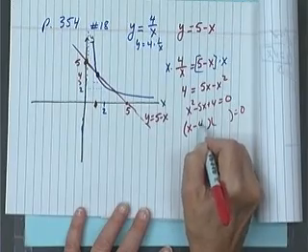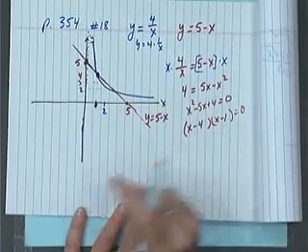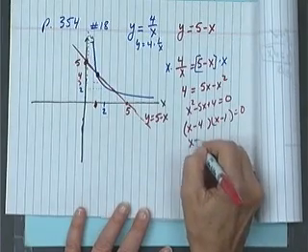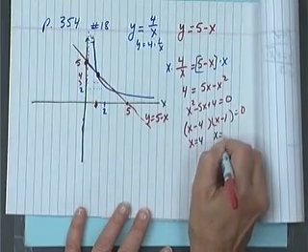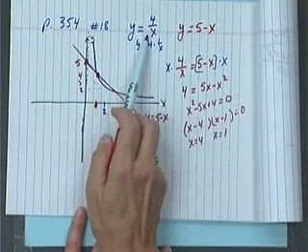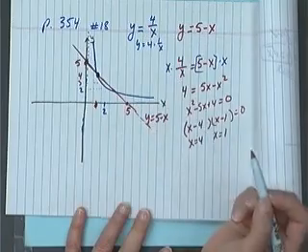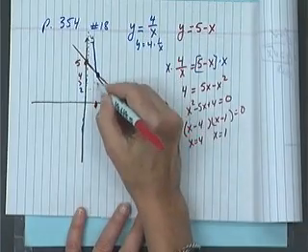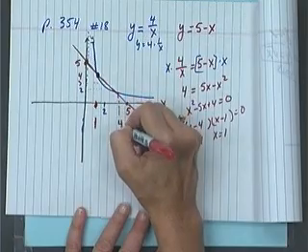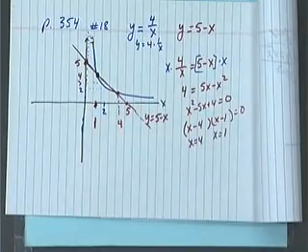That would be x minus 4, x minus 1. So they're going to intersect at x equal to 4 and x equal to 1. If you let x be 4, the y value is 1 here and the y value is 1 here. So it's going to intersect here at 1 and here at 4.